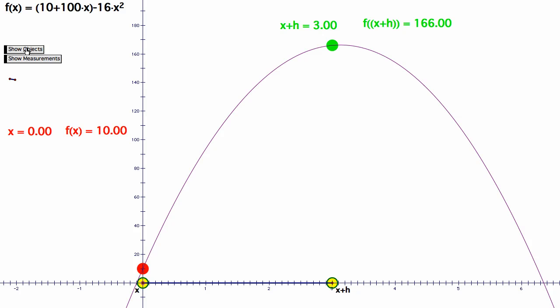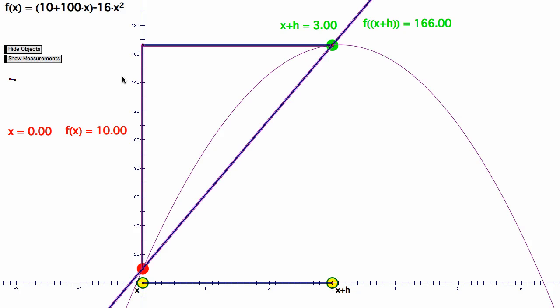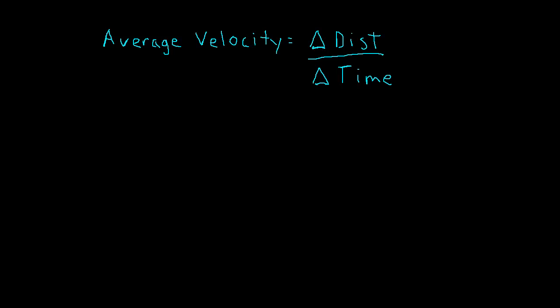Well, how would we do that? We need a couple of things to calculate the average speed of any object. We would need a distance traveled, and we would need the time it took to travel that distance. This is what average velocity is. It's the change in distance divided by the change in time.